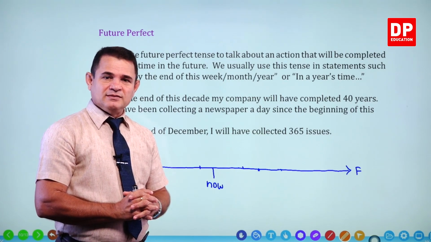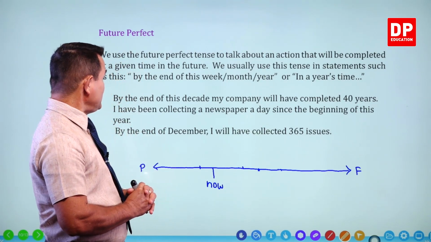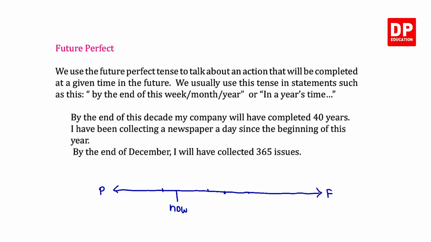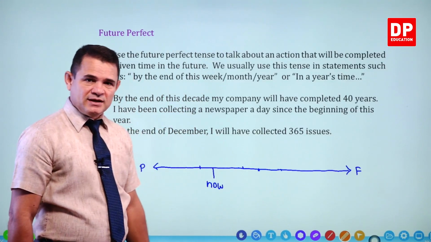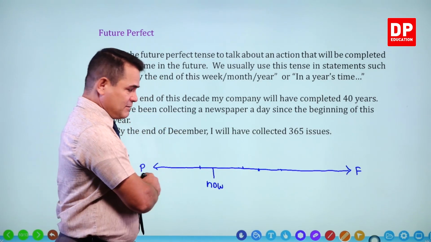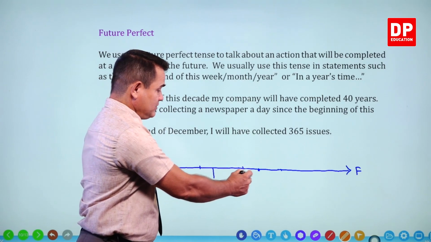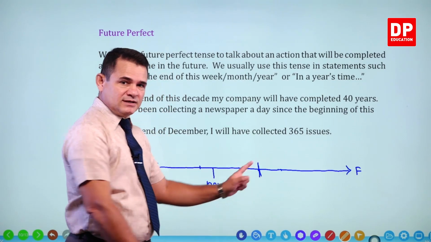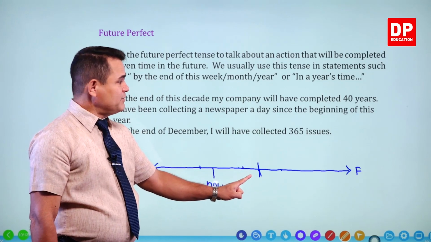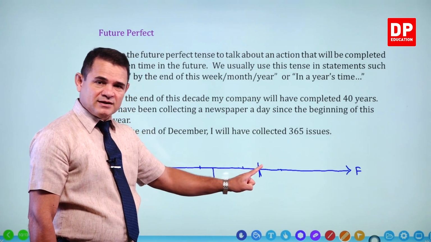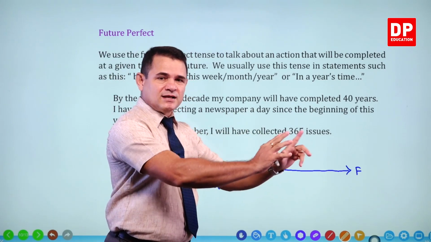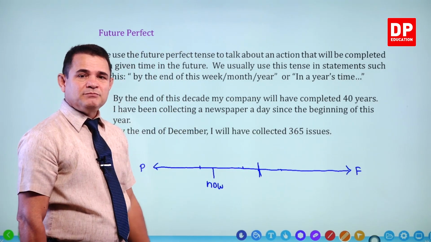By the end of this decade, my company will have completed 40 years. Now 39 are finished, and the 40th will be completed at some moment in the future. By that moment it will have been completed. I will have completed, we will have completed. That is the future perfect.